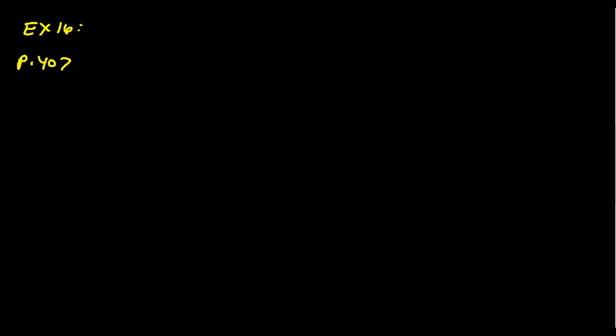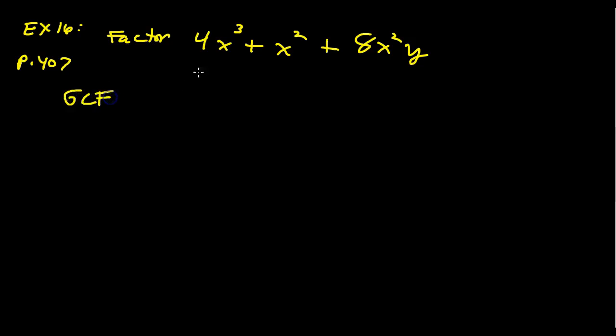Factor 4x cubed plus x squared plus 8x squared y. All right. Looking at this one term at a time, I've got a series of 3 terms here being added, so it's a trinomial. What's the GCF?